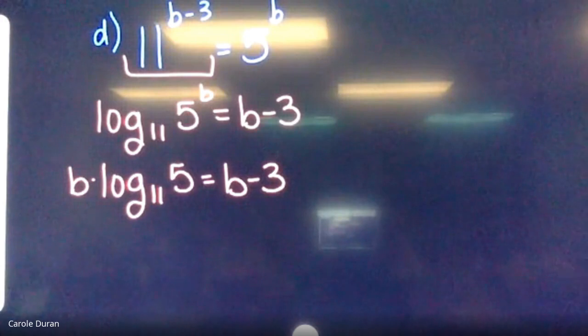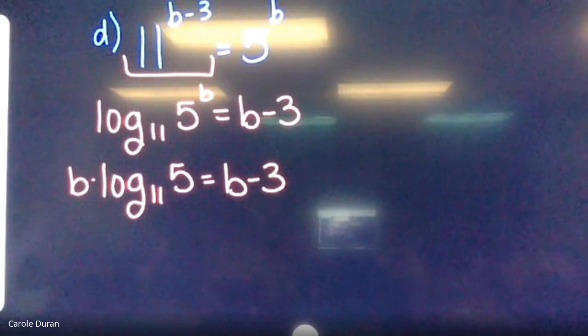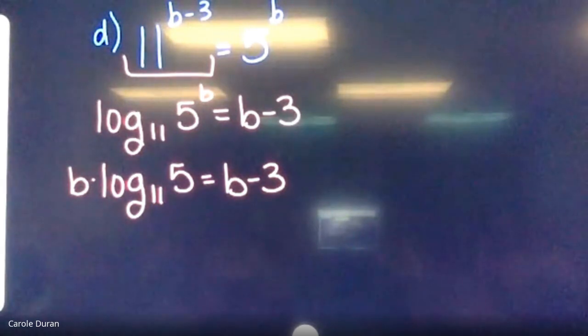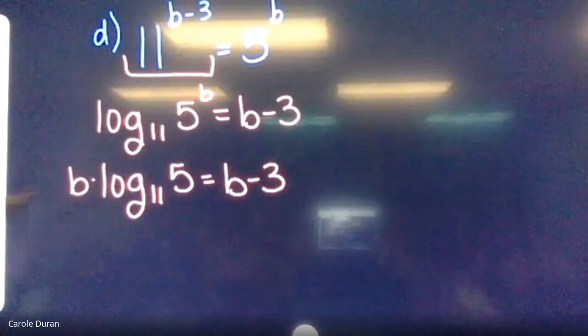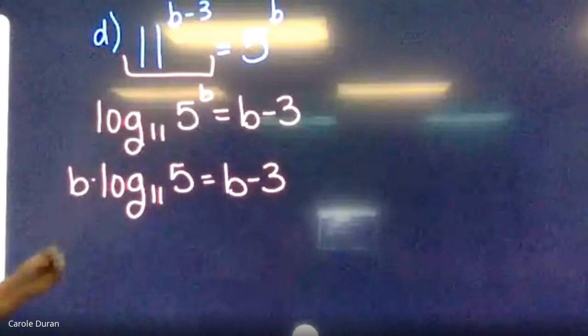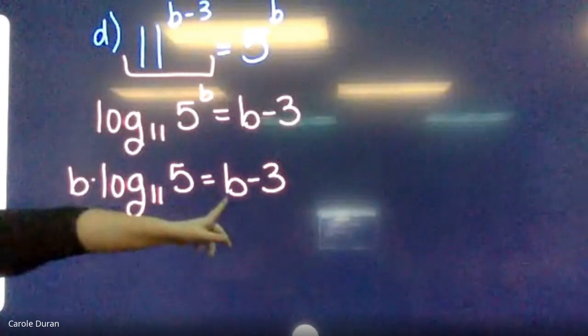So now I'm running into the issue that I have 2 variable b's in this problem. I can only solve it if I get down to 1 of them. So I need to find a way to get my b's in the same place. To start with, we're going to get all the b terms on the left-hand side of the equal sign and all the non-b terms over to the right-hand side. The good news is I only have to move one thing here. I'm just going to subtract this b over.